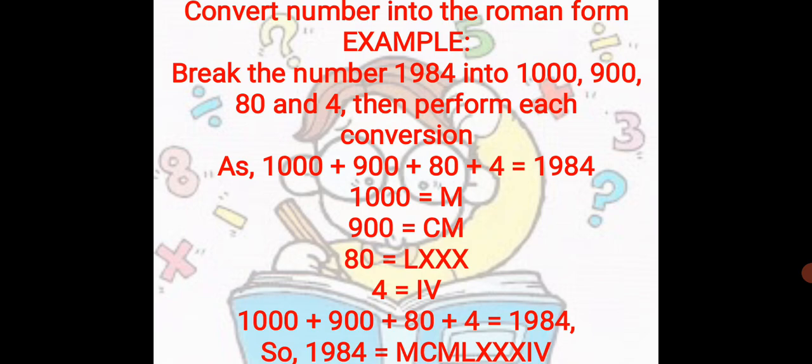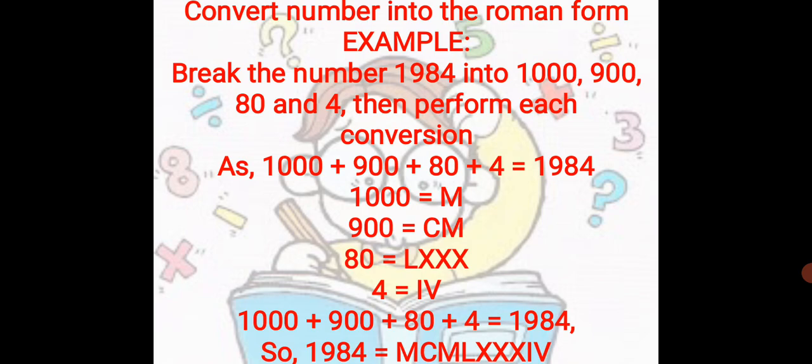That means, first of all, we will write the number 1984 in expanded form. After converting the number into expanded form, we will convert it into the Roman numerals.